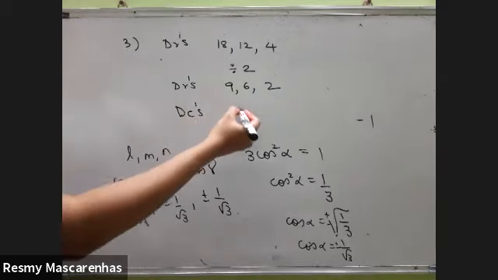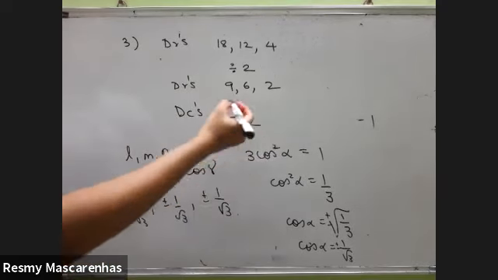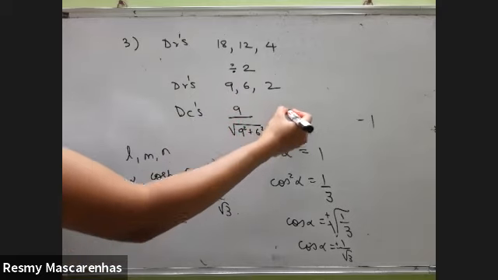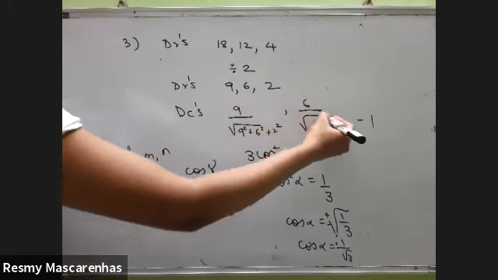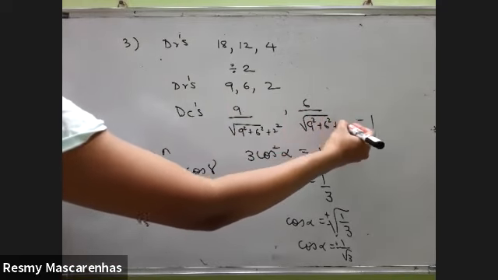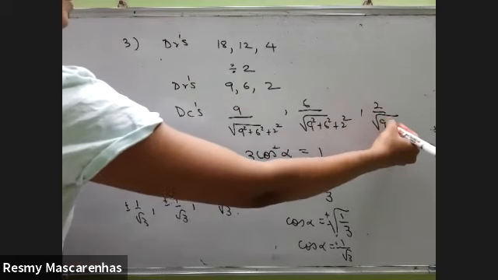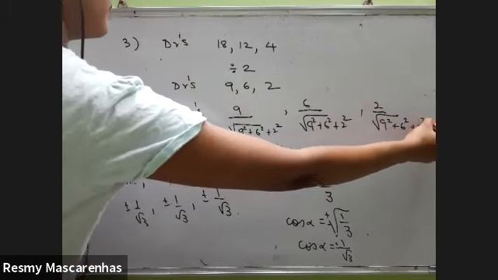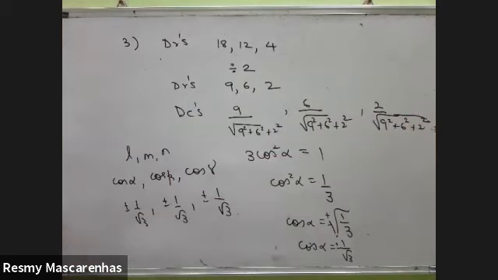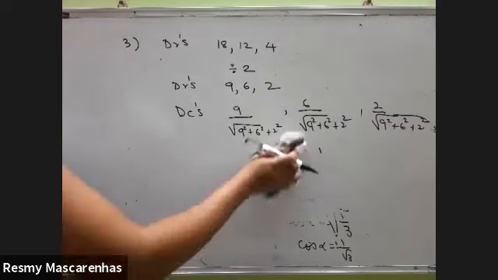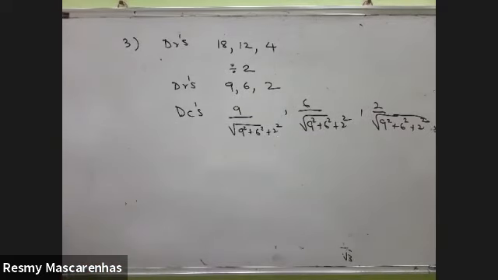When you want to convert, just divide each by the square root of the sum of squares. So 9 upon that, 6 upon the same thing, and the last one 2 upon that. Now calculate and write it down. How much are you getting after calculating this?